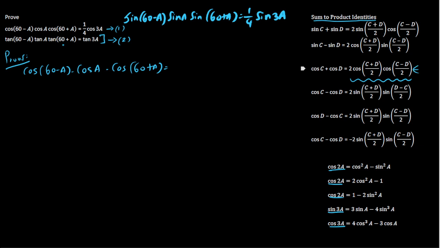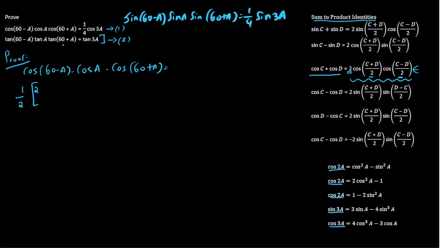But to make it exactly the same so that we can get to cos C plus cos D, you need a 2 to start with, and you need the (C plus D) by 2 format and (C minus D) by 2 format. So let's make it so by multiplying and dividing the left hand side of this identity by 2.